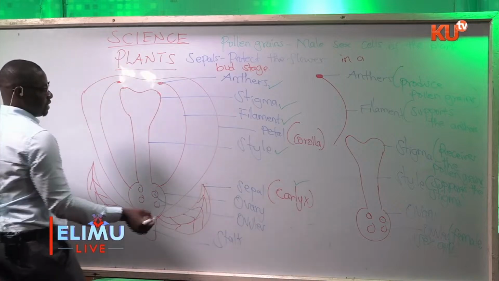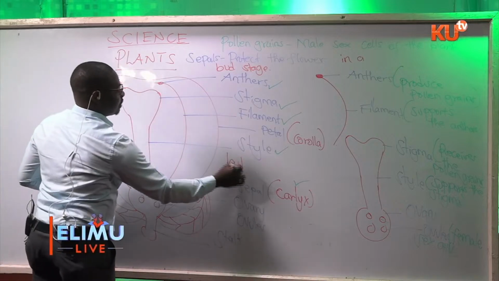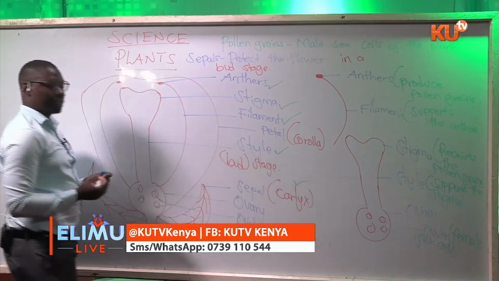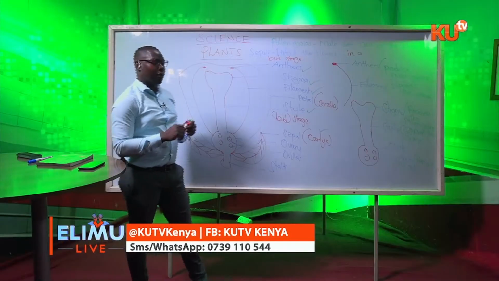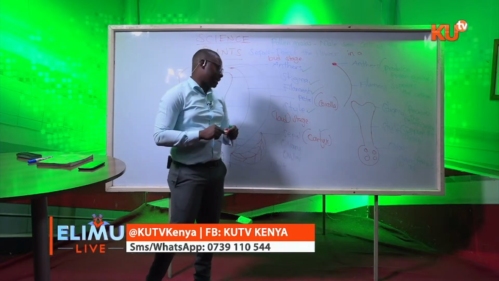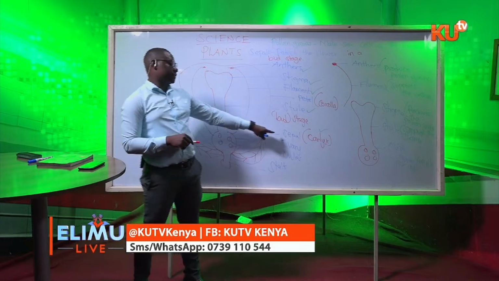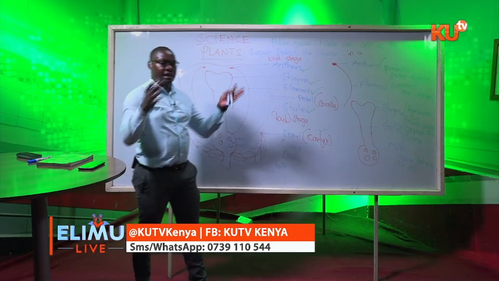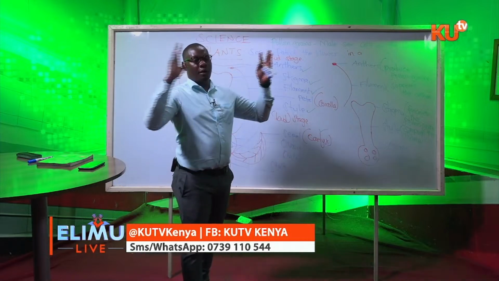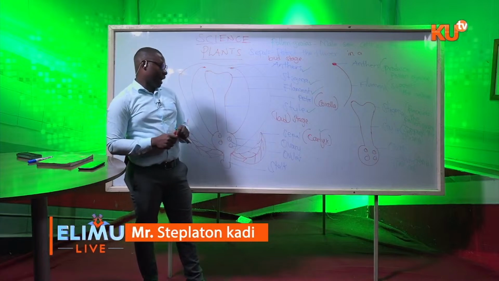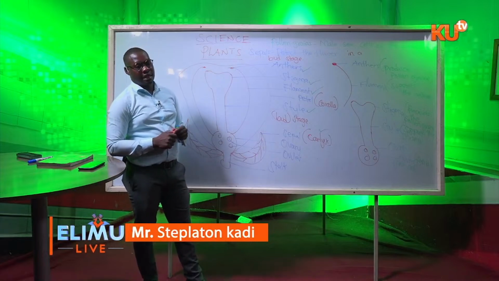Bud, B-U-D. Bud stage is the stage before the flower opens up. So the sepals are the ones that protect the flower. They cover the flower before the flower opens up. And they are usually green in color.